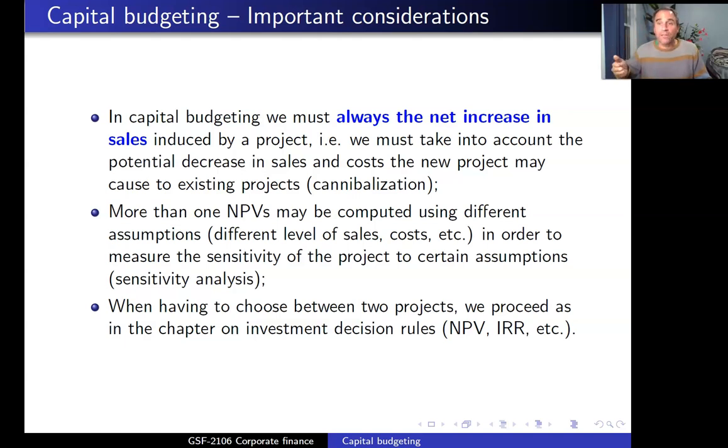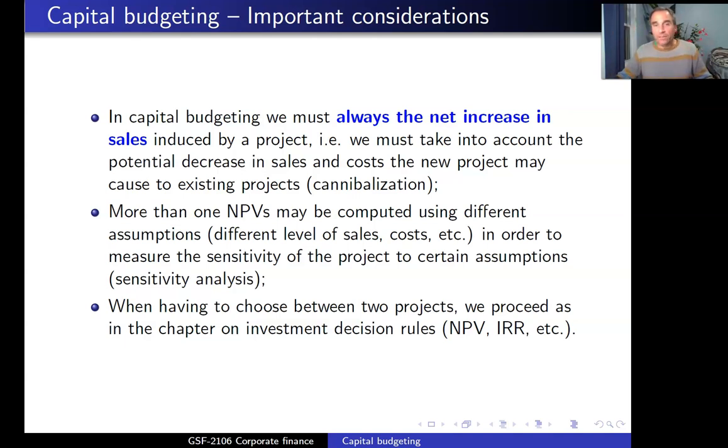So one net present value should be computed assuming a higher price of the goods sold, a lower price of the goods sold. So the firm should determine an interval of prices at which the goods produced by this new project could be sold. So it might be a price between $25 and $32.